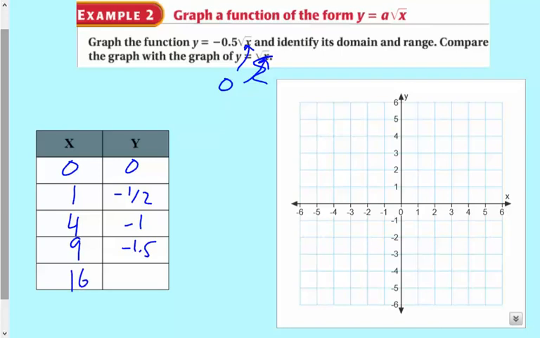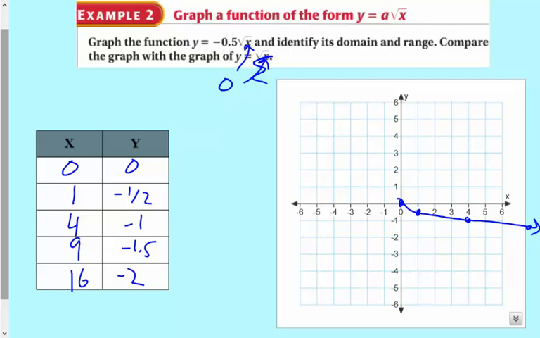Square root of 16 is 4. 4 times negative 1/2 is negative 2. So 0, 0. 1, negative 1/2. 4, negative 1. 9, negative 1.5. And there is my function.